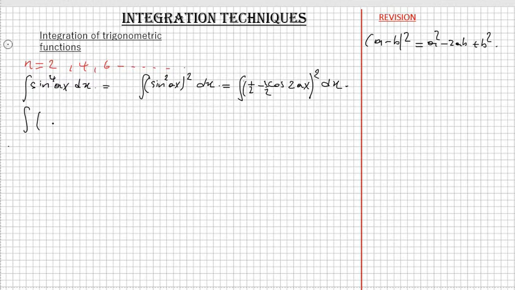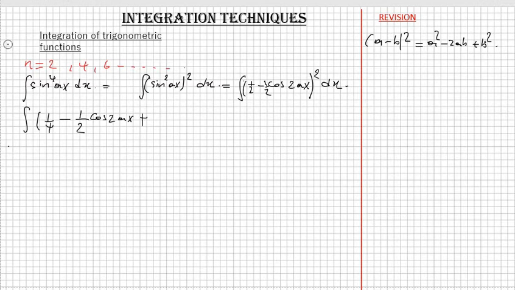So if I expand this, I'm gonna have 1 over 4 minus, so I have half multiplied by half, I get 1 over 4. 1 over 4 multiplied by that 2 gives 1 over 2 cos 2ax, and then plus b square.